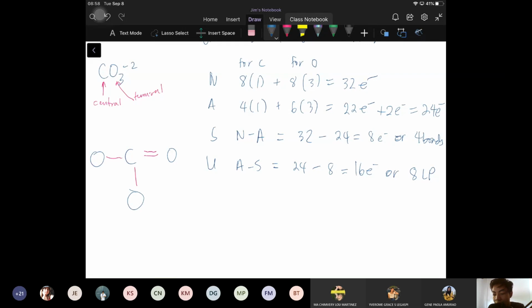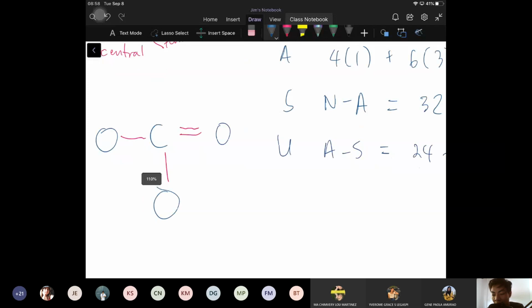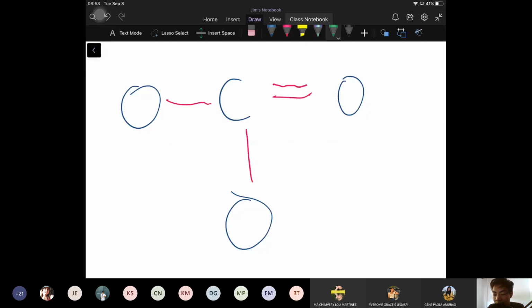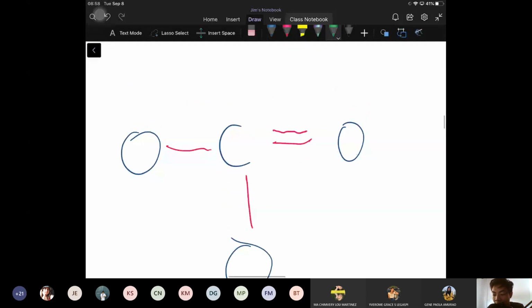Okay, so when distributing the 8 lone pairs, you check the octet rule, no? If followed na siya. So I'll start with this oxygen with double bond, no? So how many electrons na ang meron siya? It already contains 4 electrons. 2, 4. Again, one line corresponds to 2 electrons. Ilan pa kulang? 4. Okay? So yung 4 na kulang na electron, I can represent it as lone pairs.